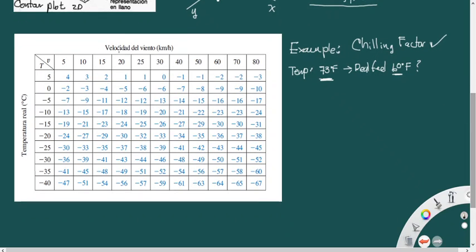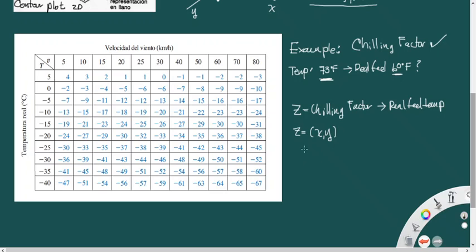So this table here is representing that, and let's work this as a couple of variables for input. Let's say that z equals the chilling factor, or real feel temperature, and C is a function of x comma y.